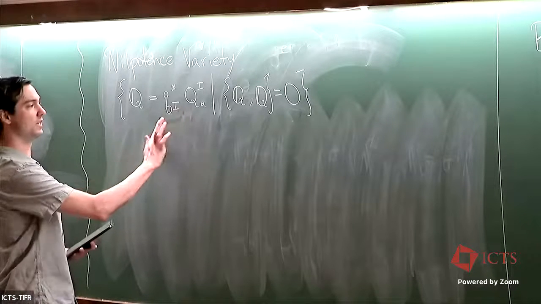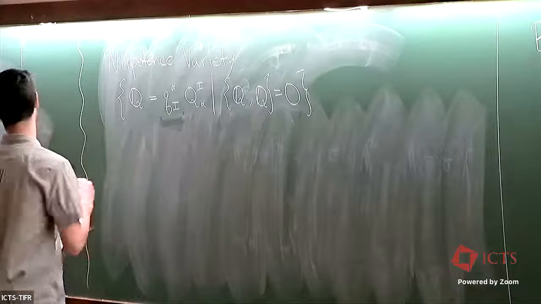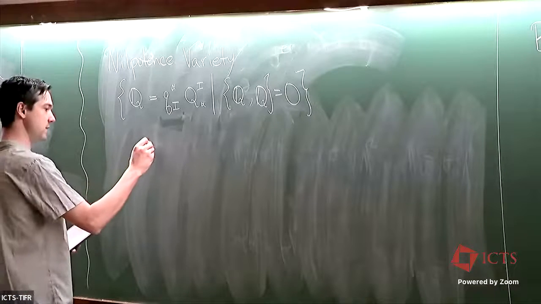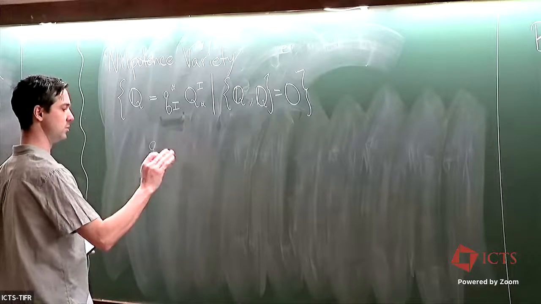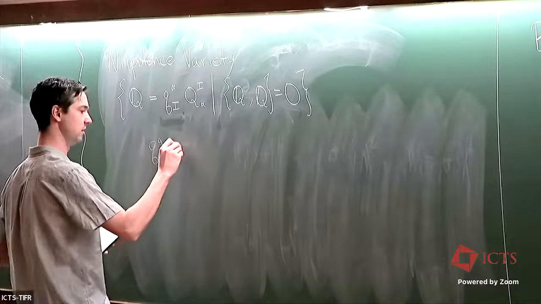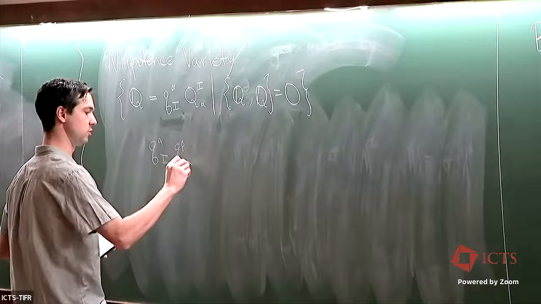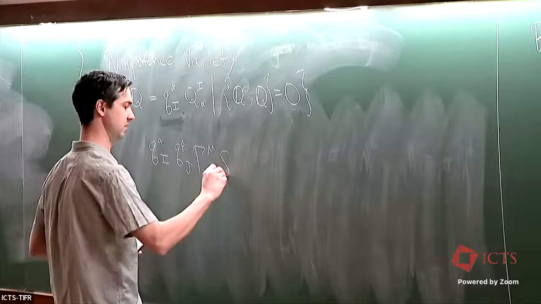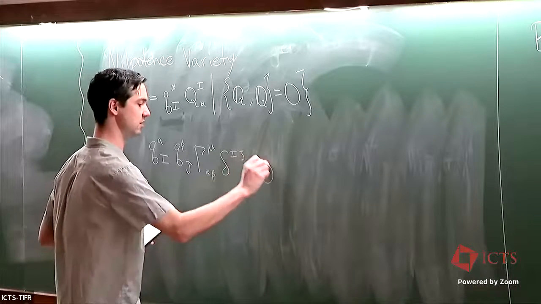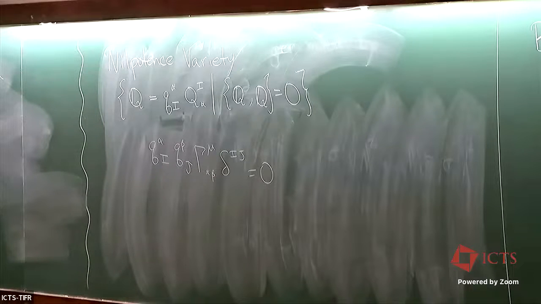And a couple things to mention. This variety has coordinates given by the Q's, and because of the structure of these anti-commutators, they essentially satisfy some relations, q_i^α, q_j^β, gamma, mu αβ, δ_ij equals 0. So it's some quadratic in this linear space.